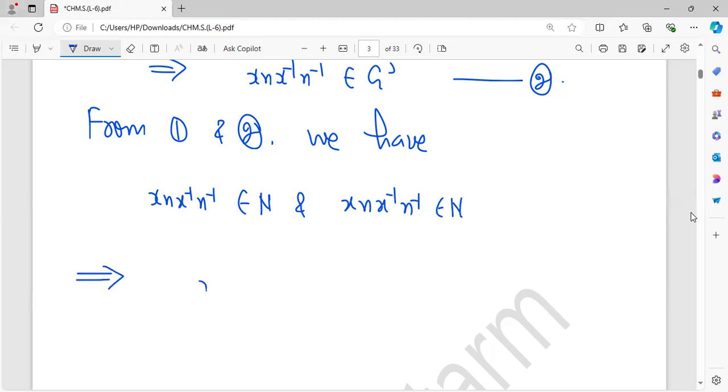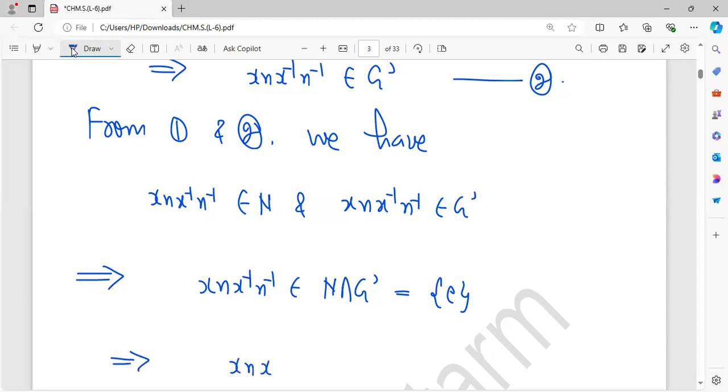So this implies x n x inverse n inverse belongs to N intersection G dash. Okay, but N intersection G dash contains only the identity element. So this implies x n x inverse n inverse is the identity.